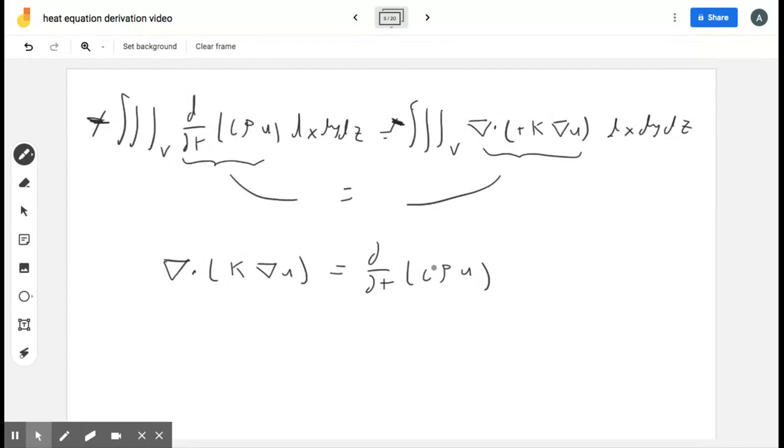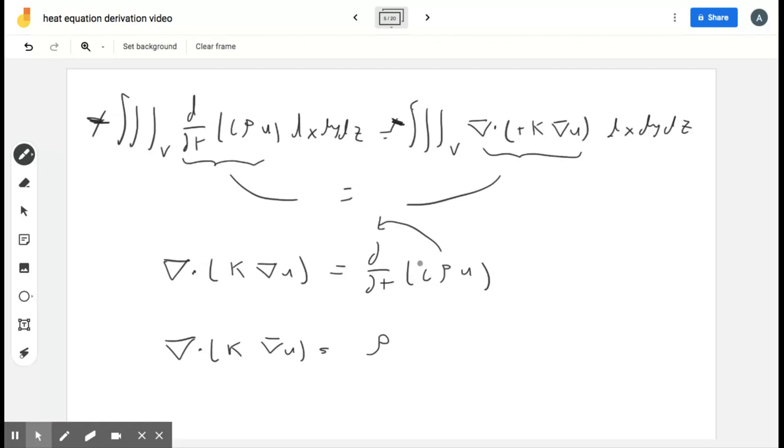Now the density, as time goes by, does not depend on time. The density, in the normal case, would only depend on space. So we can bring the density out, right? To get that the divergence of thermal conductivity times the gradient of the temperature distribution is equal to the density.